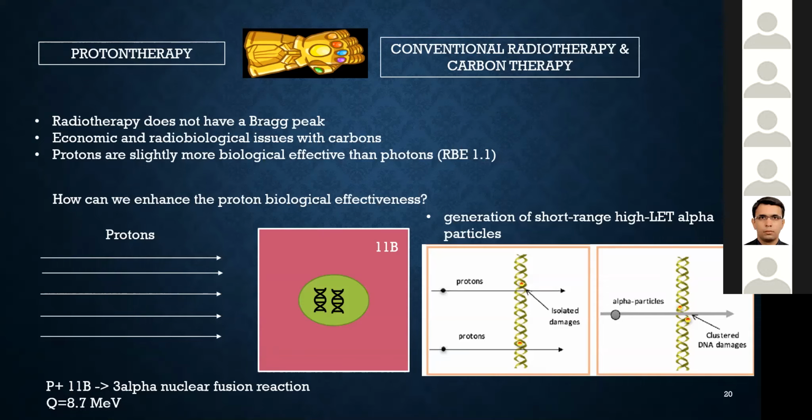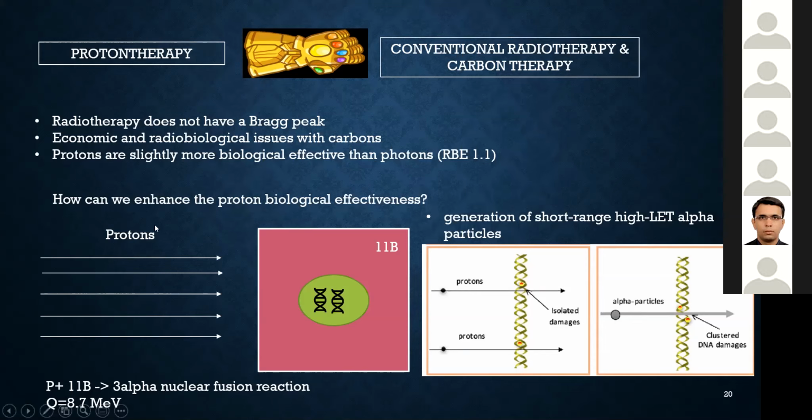And as you can see in the image, when we throw protons, we have more isolated damages that, as I said before, are single strand breaks. While when we have alpha particles, this reaction is triggered in the Bragg peak. So these are getting into the DNA, into the cell directly.